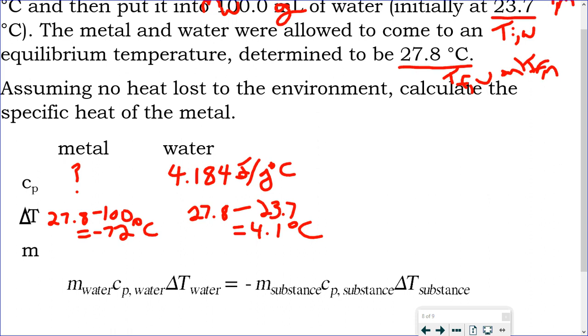I know the mass of my metal is going to be 59.07 grams.